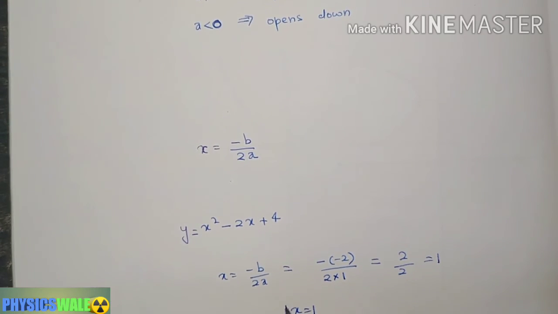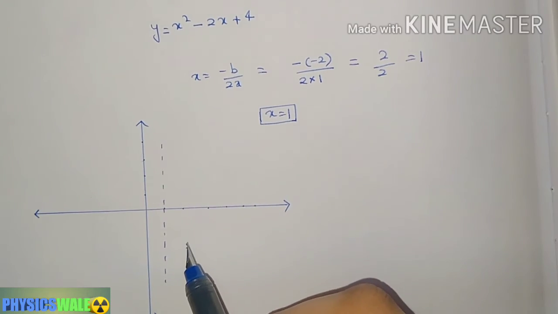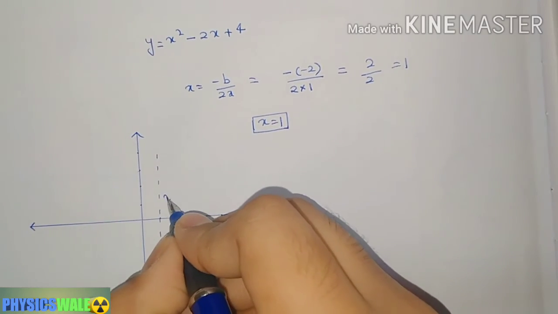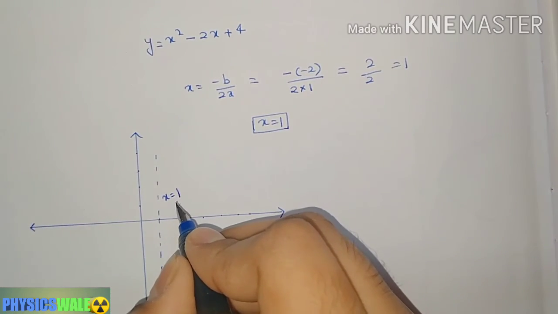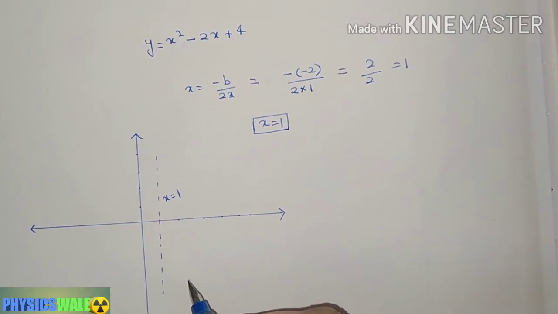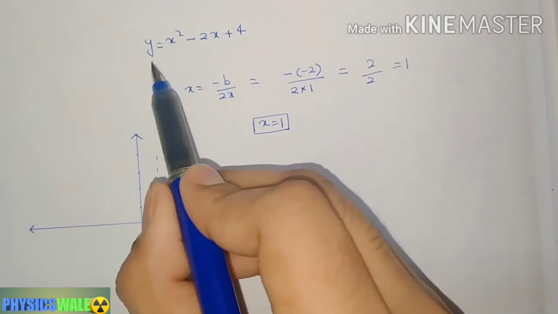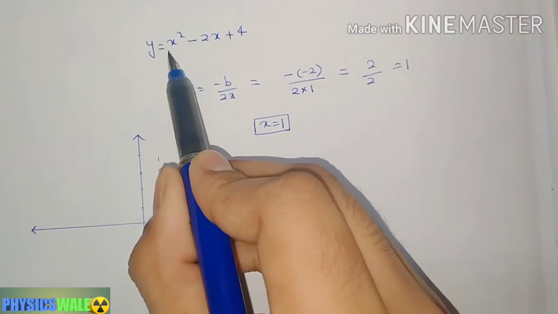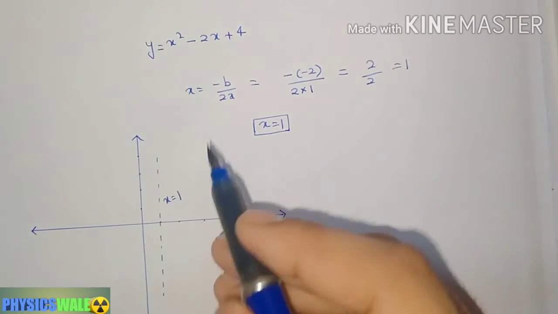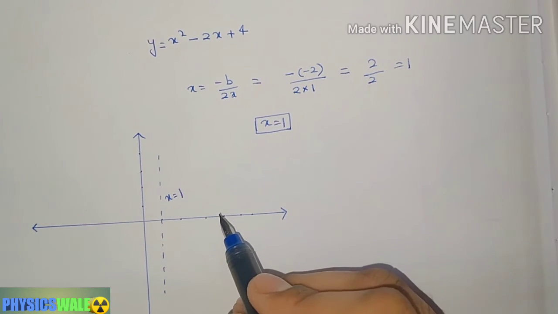So x is equal to 1 is the axis of symmetry of this particular parabola. The dotted line in this graph represents x equal to 1, which is the axis of symmetry of our parabola. This line will divide the parabola into two symmetrical halves, and we can see that in this equation a, that is 1, is greater than 0, so definitely the graph will open towards the upper side.